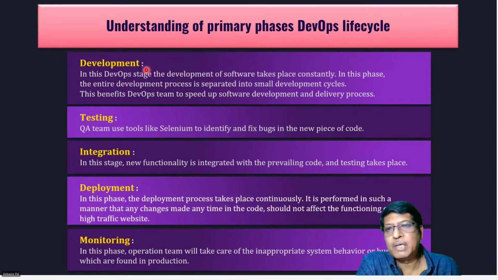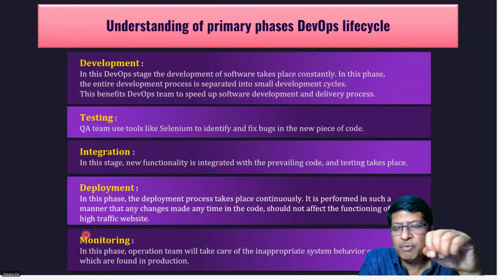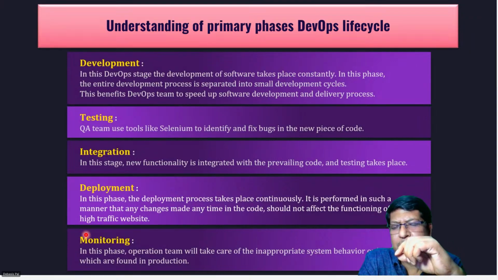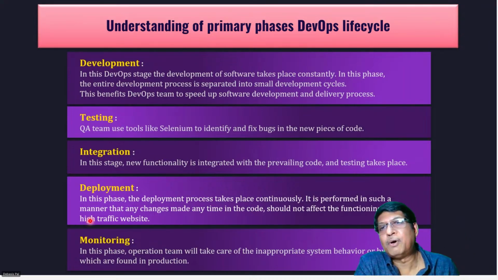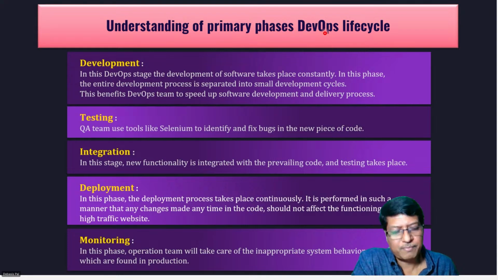Like you have seen in the first diagram, not the spiral one, the horizontal 8. Whatever it is, there will be constant development, constant testing, continuous integration, continuous deployment, and continuous monitoring. These are the phases of the DevOps lifecycle.